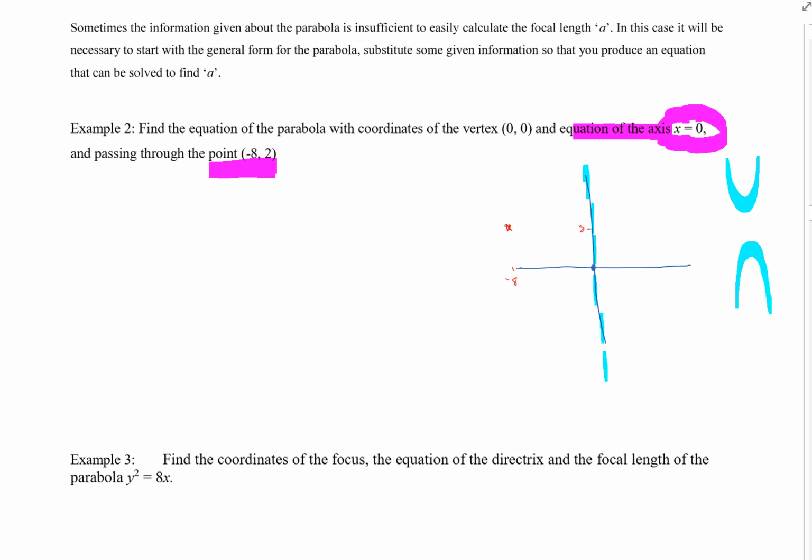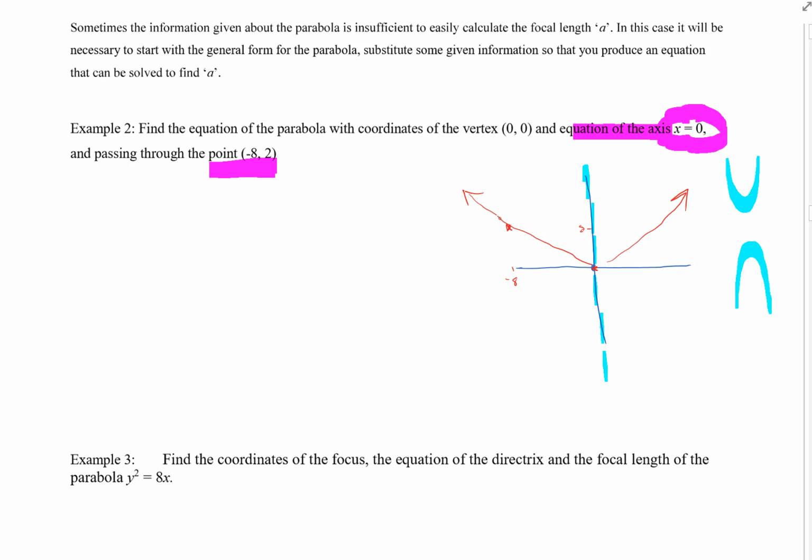So a parabola that will go through that point, have its vertex here, so it also goes through this point, has this as its axis, must be a parabola of this shape. I have no other choice. Can't be an upside down parabola. Obviously wouldn't go through -8 and 2. So I have to just start with that.